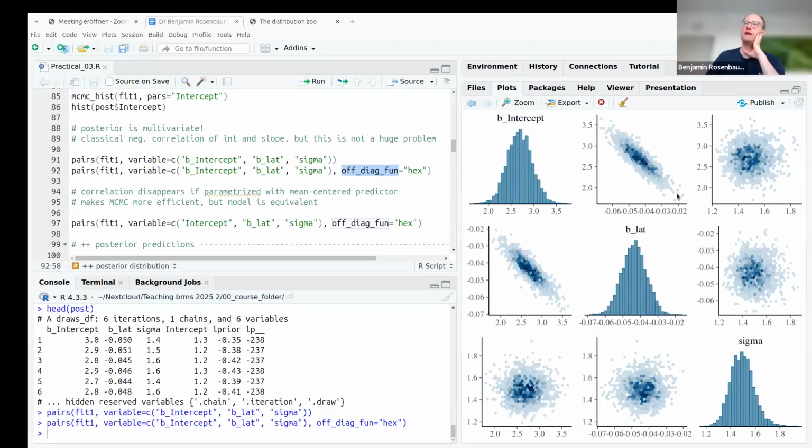And here we see this classical negative correlation of intercept and slope, because when the slope changes, the intercept changes simultaneously. But this is perfectly normal. A bit of correlation in your parameters is totally fine.